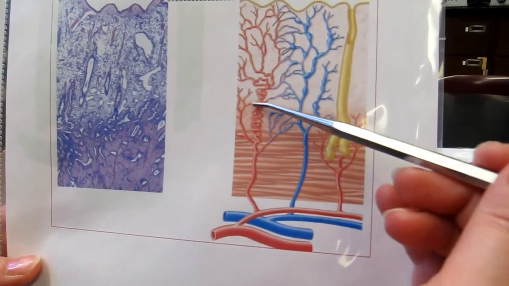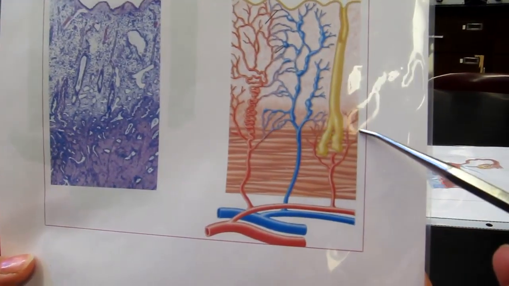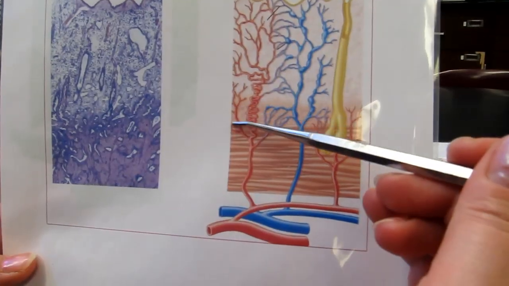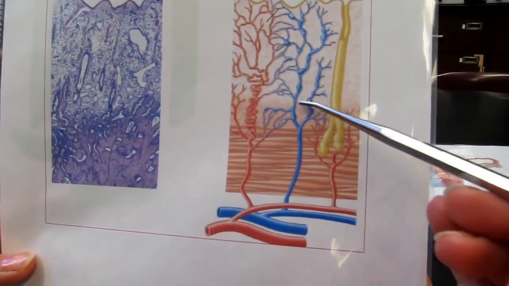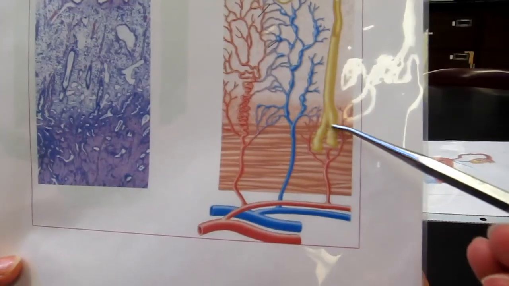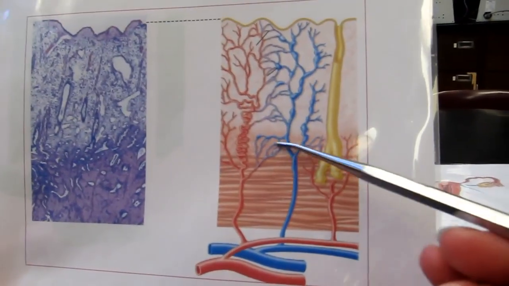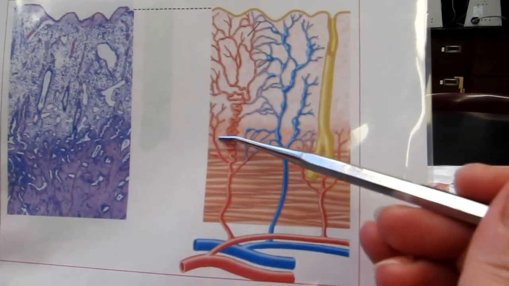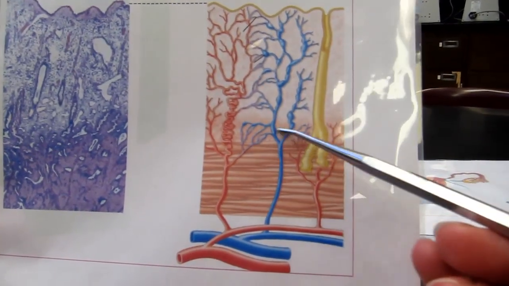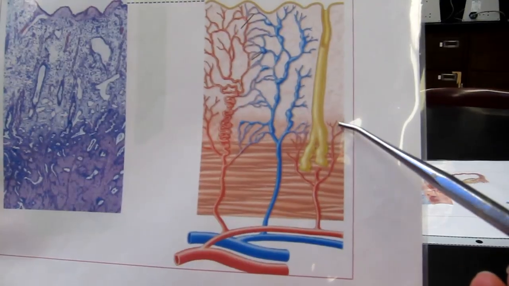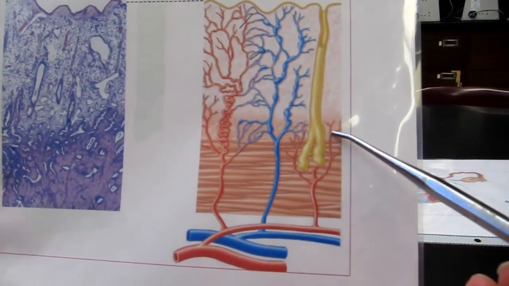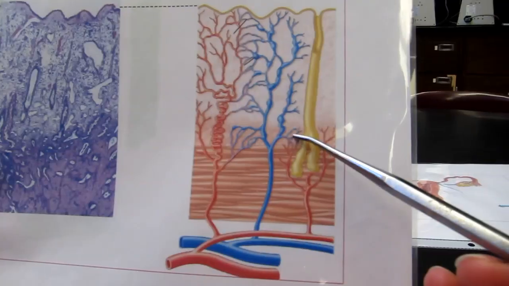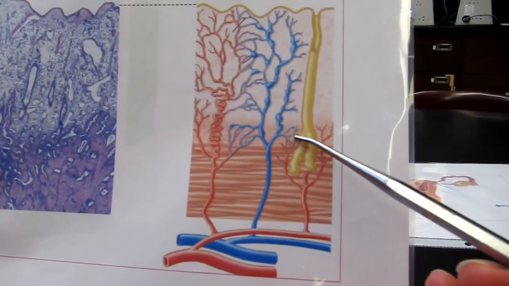The deeper part of the endometrium is the basal layer. This is the part that is not shed during menstruation, and it should be there whether the endometrium is menstruating or not. And it contains stem cells that allow the endometrium to regrow after menstruation.